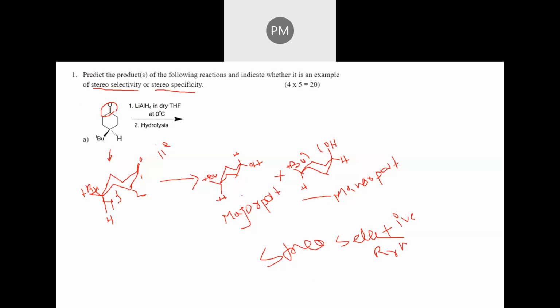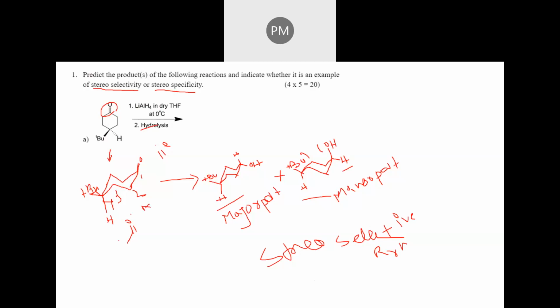What will be feasible? So there will be two products, when the hydride attacks from above the plane and when it attacks from below the plane, and this carbonyl becomes OH on hydrolysis because we supply water there. So like this carbonyl center, any carbonyl center, and there we are giving LiAlH4.